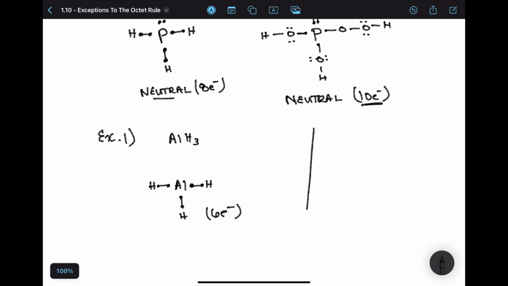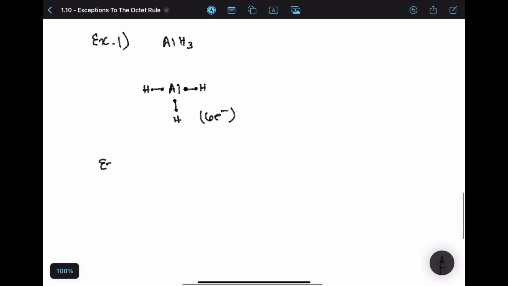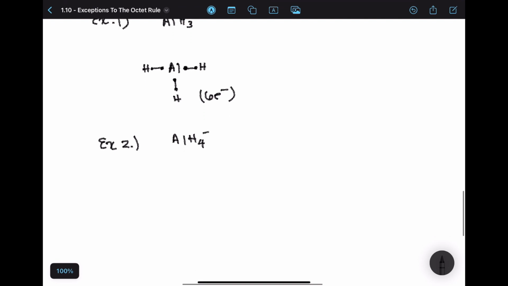Now, the next example is AlH4 minus. We can add that minus charge, which represents an extra electron, to the aluminum, and now we can have 4 hydrogens around it.